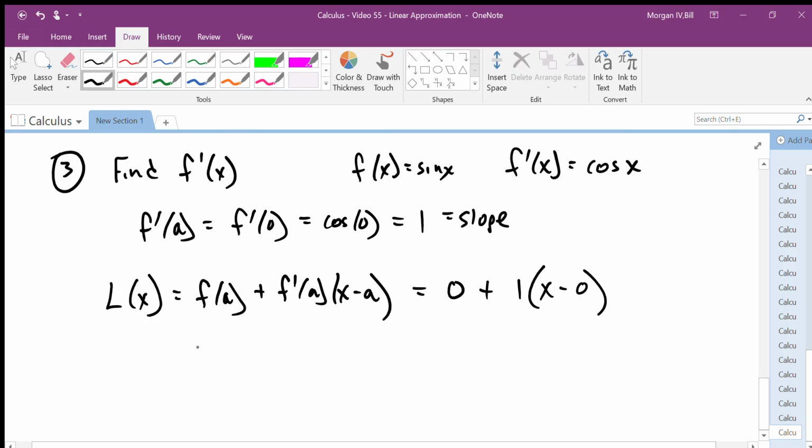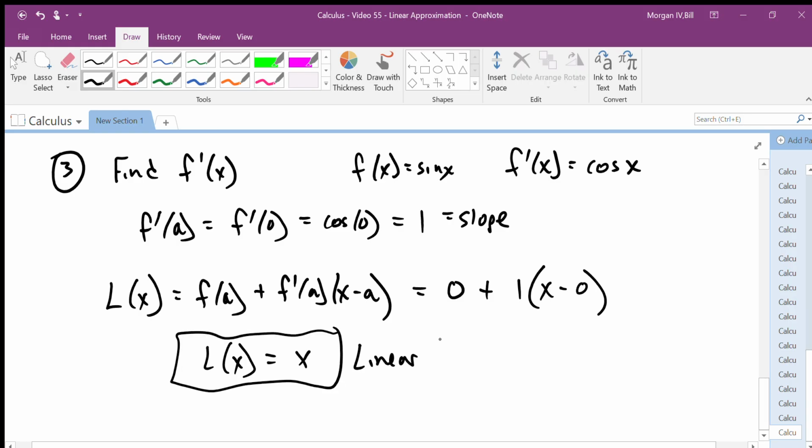So we get this very basic line: our linear approximation is simply 1 times x, or x. That is our linear approximation function. It's what we're going to use to approximate the sine of 0.4.